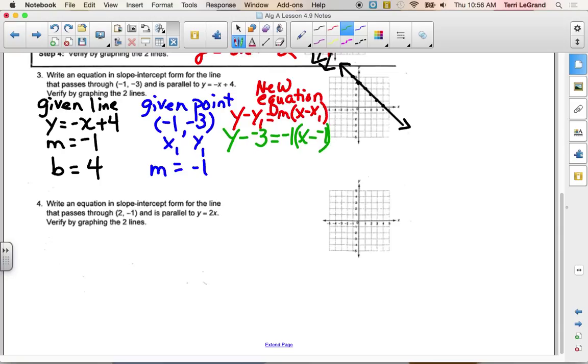We need to change those to addition, don't we? So it's y plus 3 equals -1 times x plus 1.